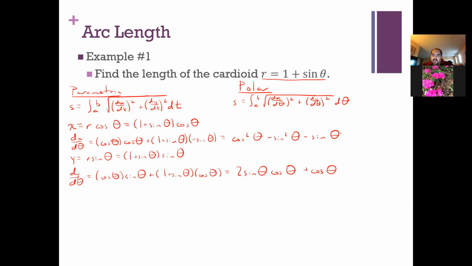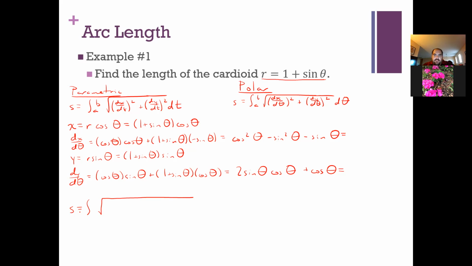But can we rewrite either one of these a little more simply? Think about that while I start setting up this integral. Are there any trig identities we could apply here, for one or for both of them?